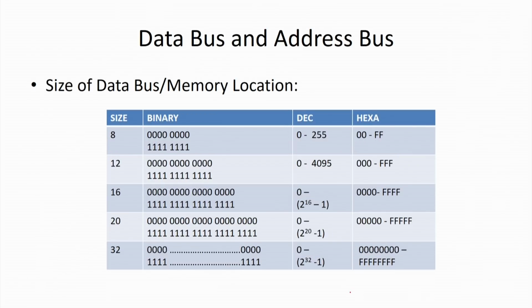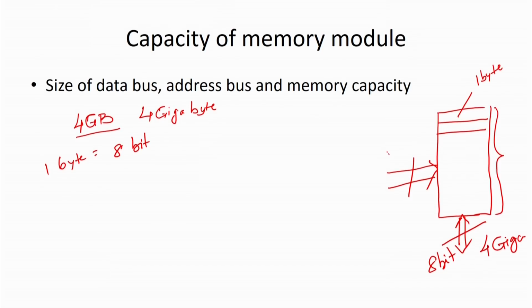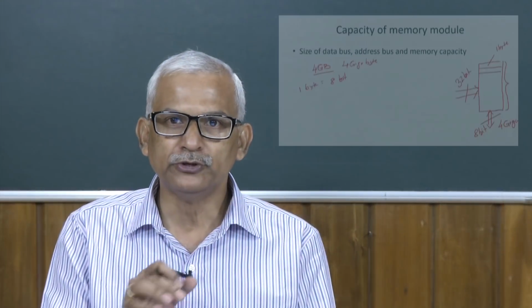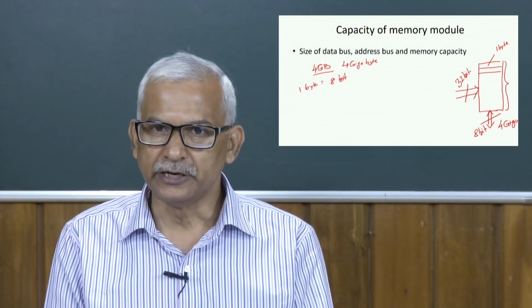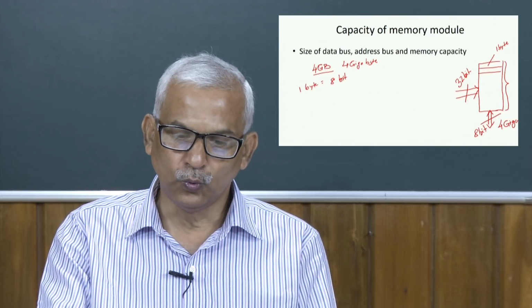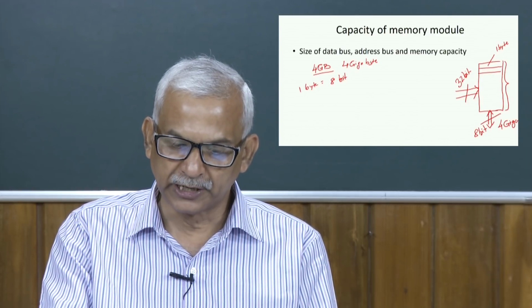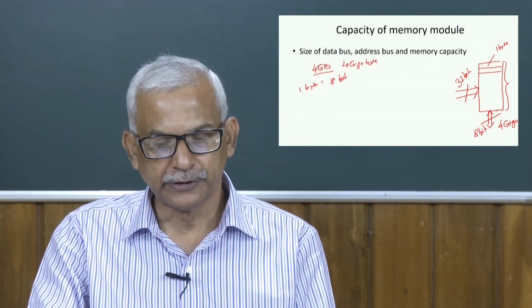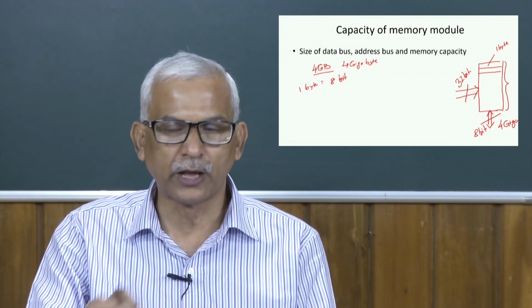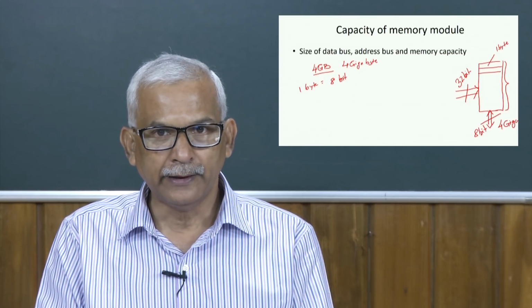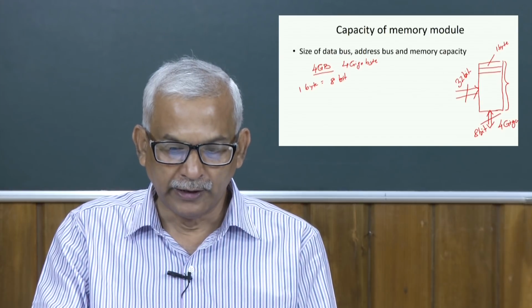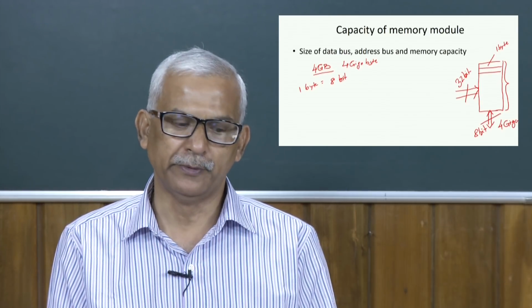That means we need 32 bits over here. So if I say I have a computer with a memory capacity of 4 gigabyte, we can visualize it this way: it has a 32-bit address bus and an 8-bit data bus, and we have a total of 4 giga memory locations, and in every memory location I can store 8 bits of information.